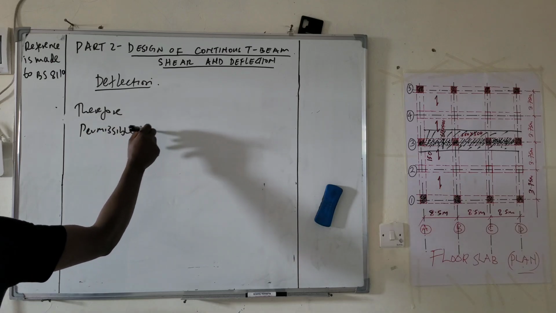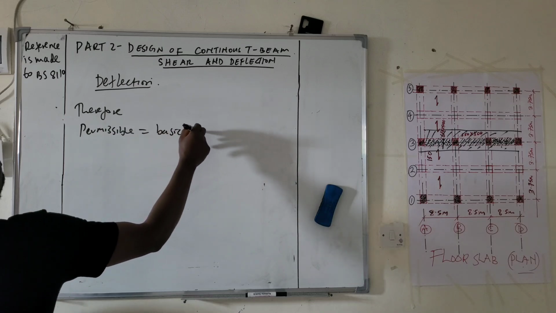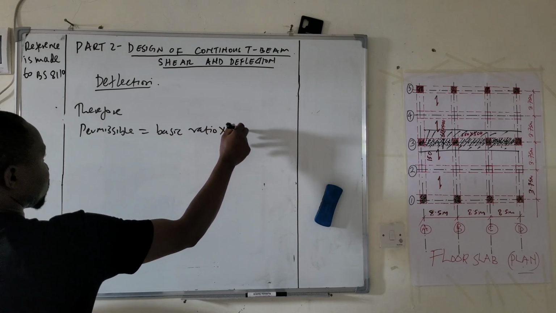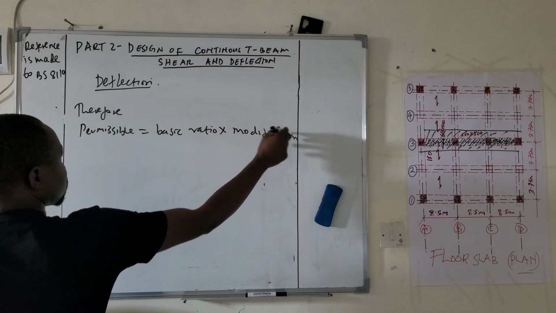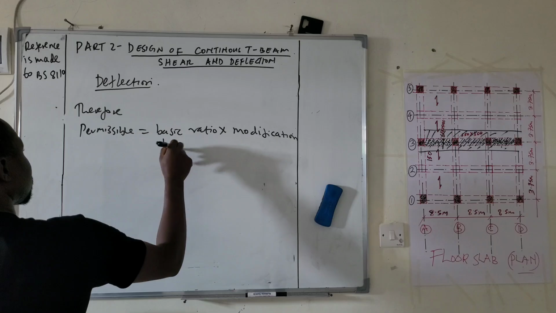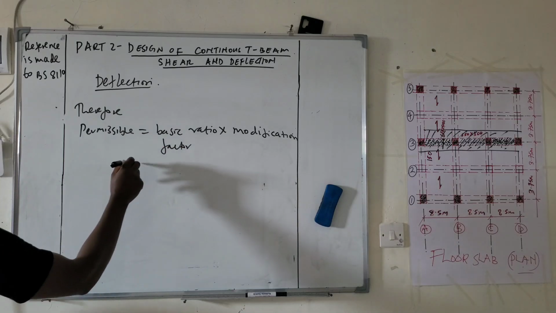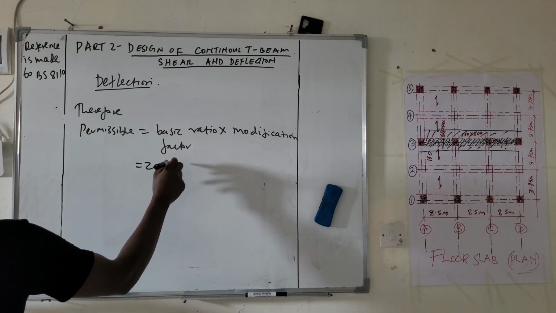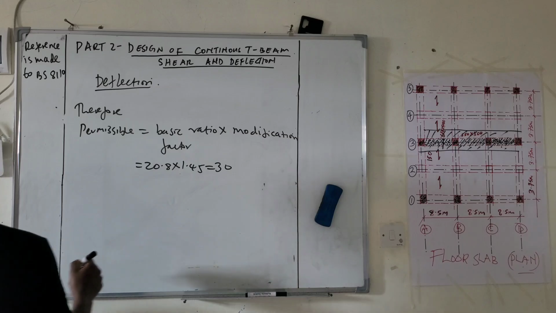So therefore, permissible deflection is equal to basic ratio times modification factor. So this one is equal to 20.8 times 1.45. So this one is equal to 30.